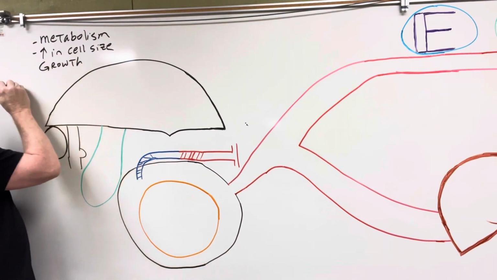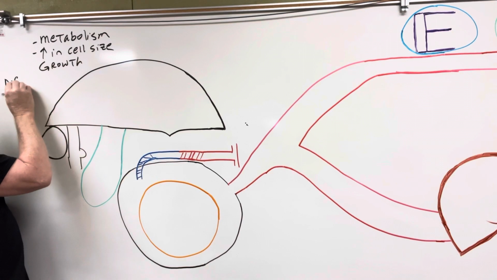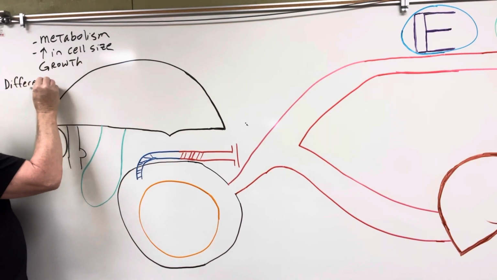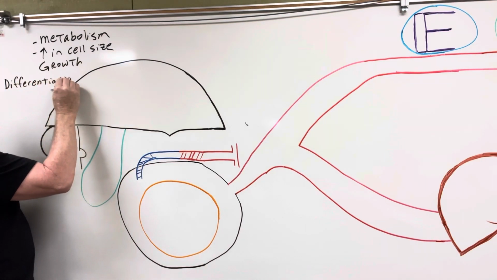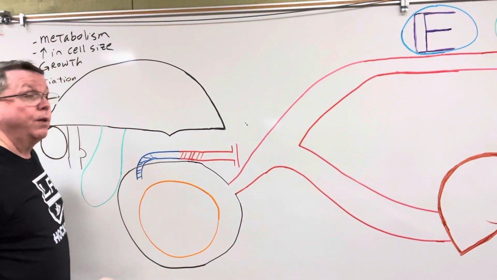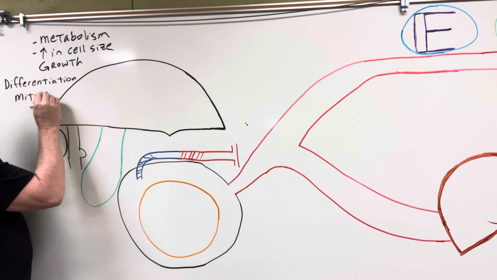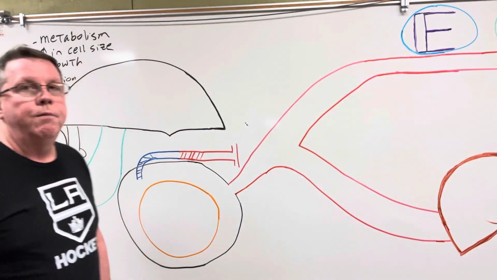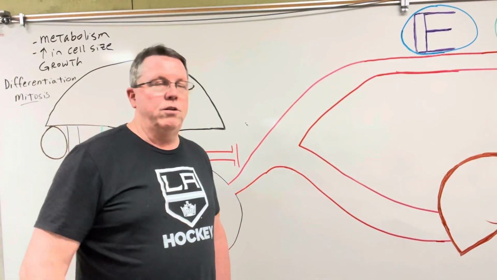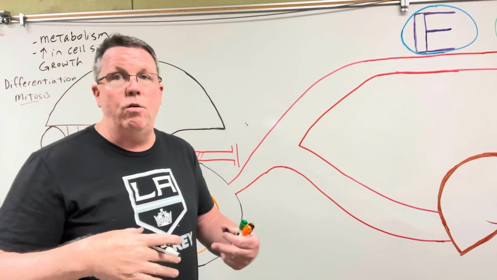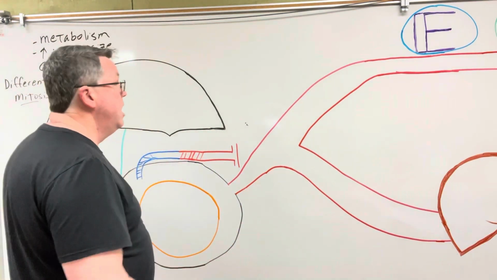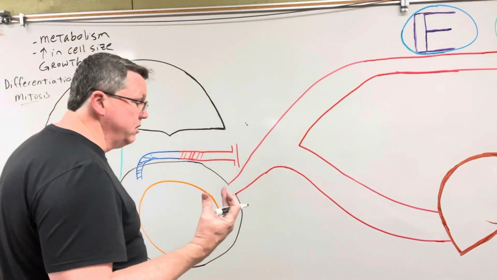It's also responsible for differentiation of cells, and it plays a role in mitosis. Now, I am not going to go too much into mitosis in this video, but it does play a role in mitosis. But the other stuff, I'm going to try to go in order to show how it does that.